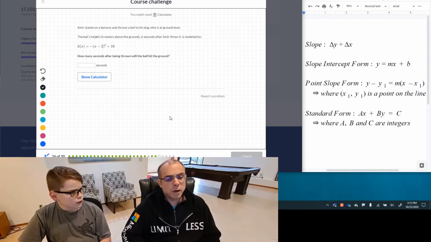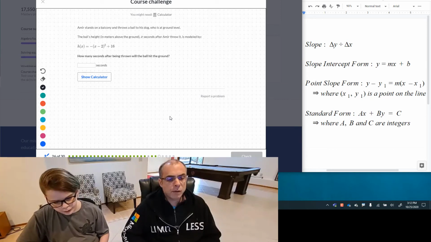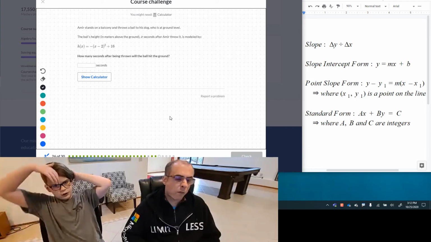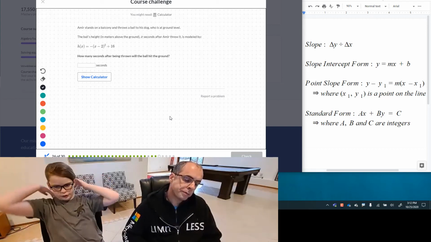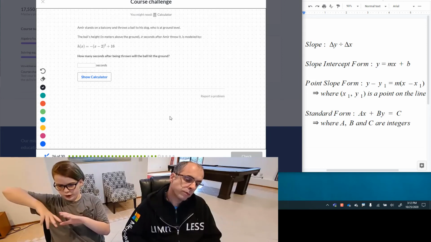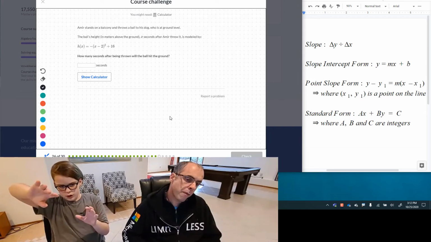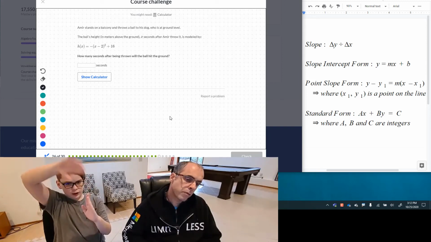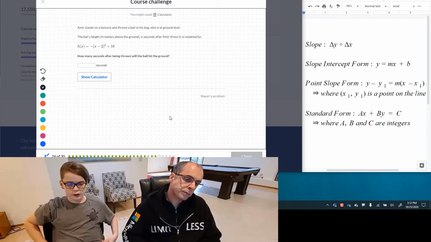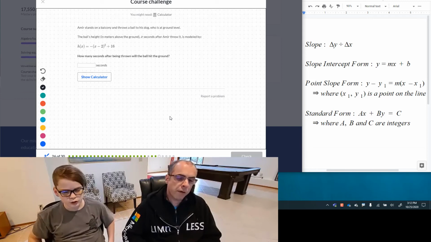Why would you need both? I'm not sure, because let's say it was 0 and then he threw it and after 2 seconds it reached the ground. If he was at 1 and then it was 2 seconds, then I want to know the space between those, to see how many seconds. I just don't know.